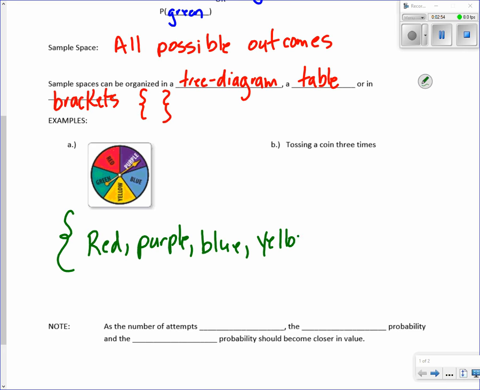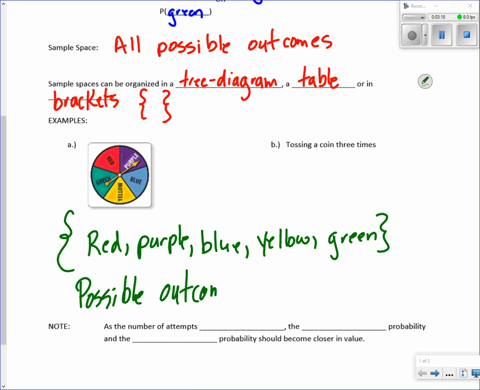It doesn't have to be in a specific order. But those are all the possible outcomes. And in my pretty brackets that you see there, 1, 2, 3, 4, 5, I made sure I had all 5 of them in there. We have a total of 5 possible outcomes.